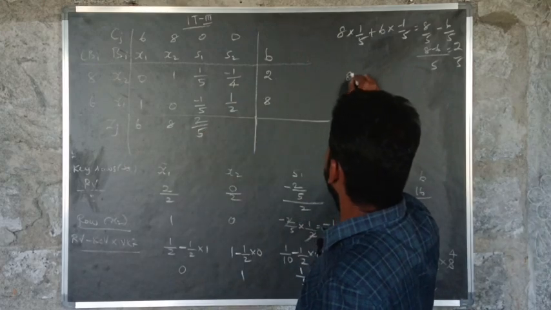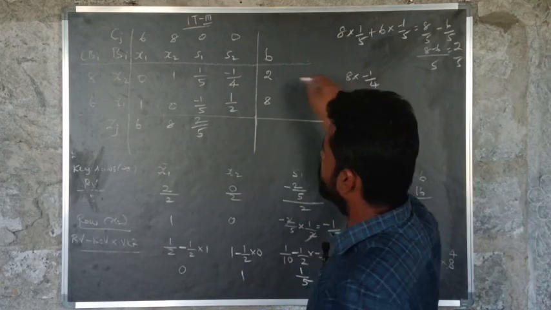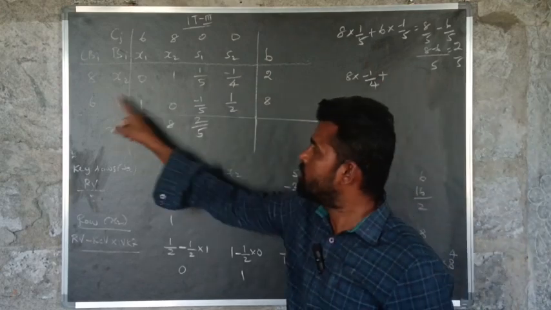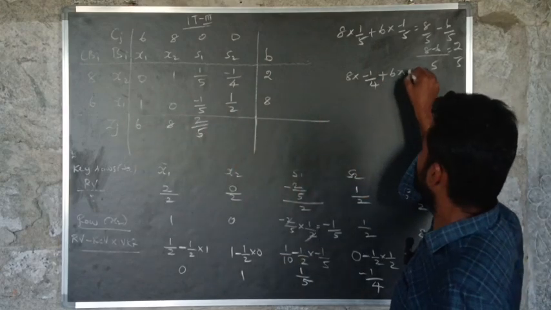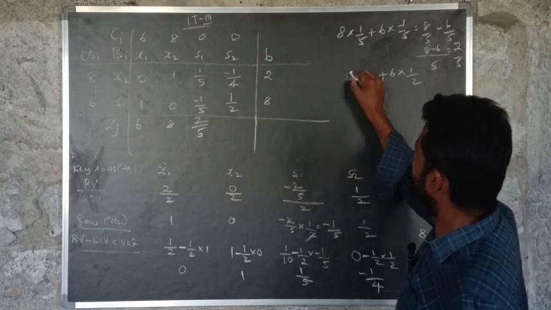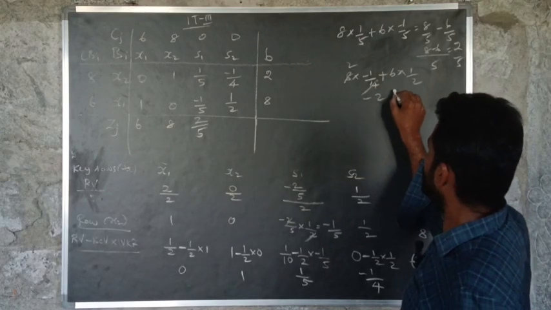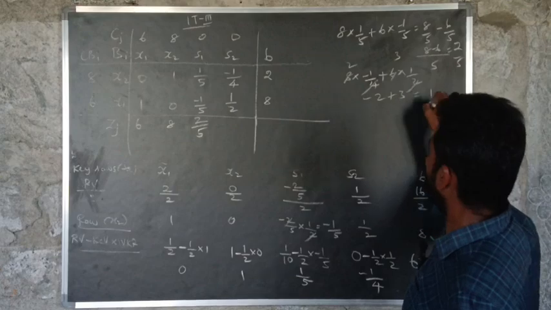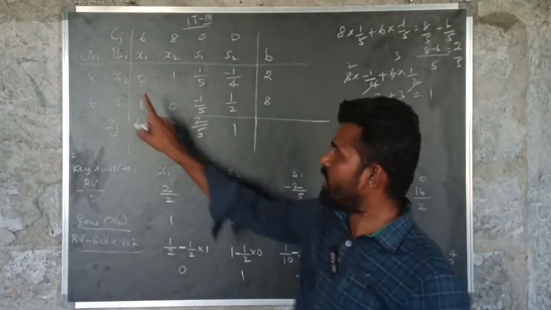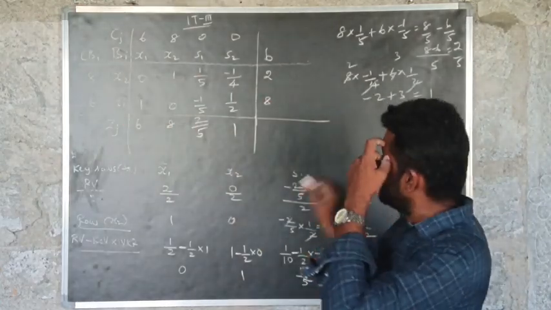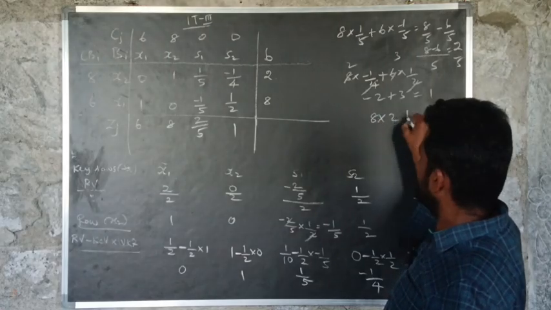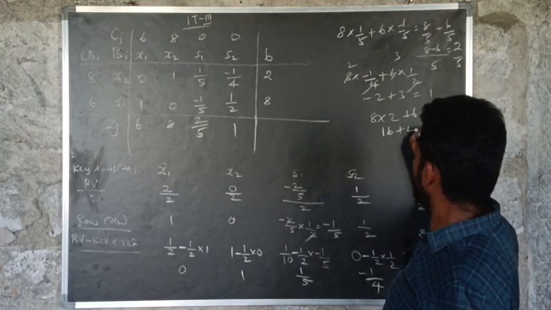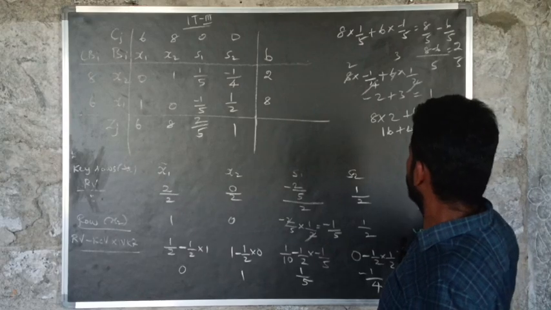Next, 8 into minus 1 by 4 plus 6 into 1 by 2. Minus 2 plus 3, you will get 1. Here 8 into 2 is 16, plus 6 into 8 is 48. 16 plus 48 gives 64.